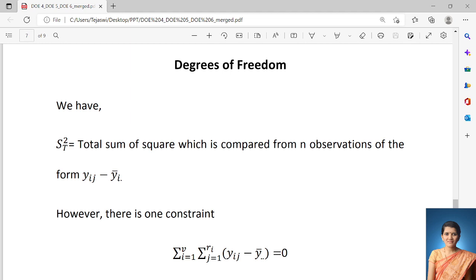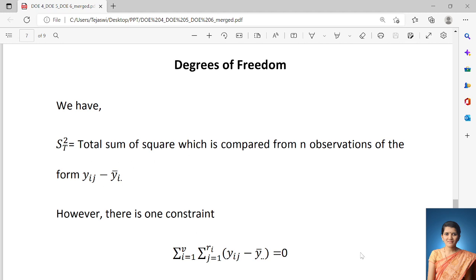Now, next is the degrees of freedom. This was the sum of square. For the calculation of the mean sum of square, we require degrees of freedom. So, how do we calculate the degrees of freedom? For the total sum of square, there are n observations in the form of yij minus y dot dot bar.